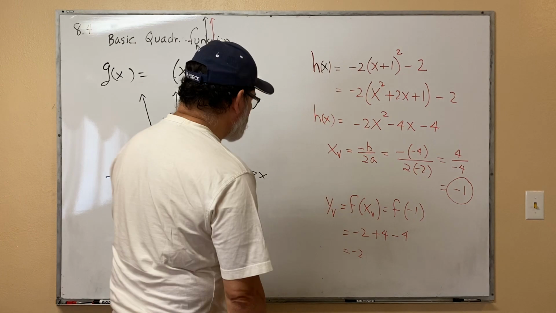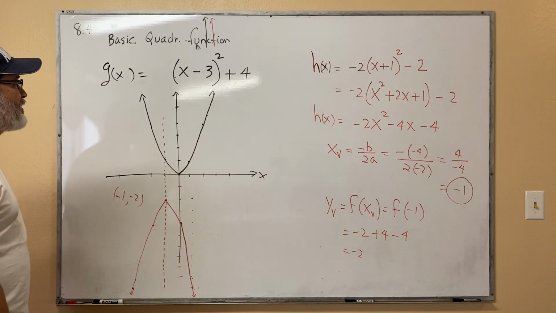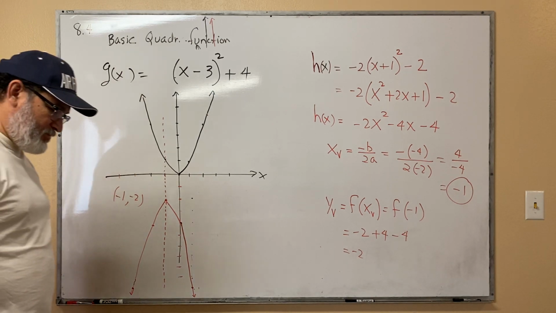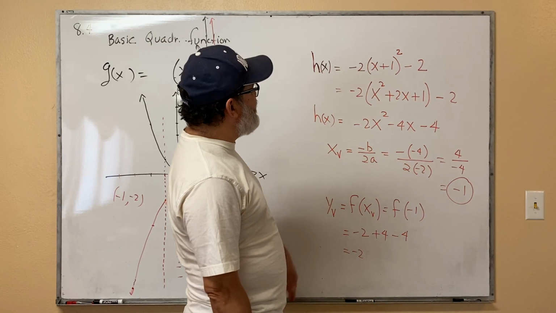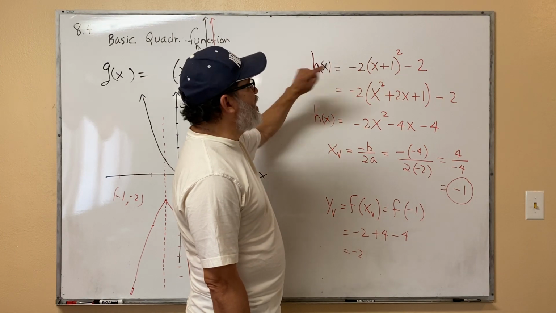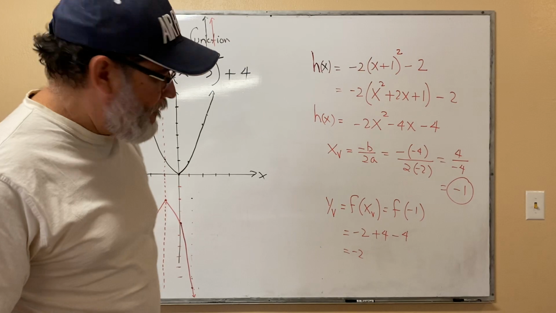Okay? All right. Well, here's my question. If the parabola is given in this form, how can you get it back to look like this? I'm going to show you how. Okay?